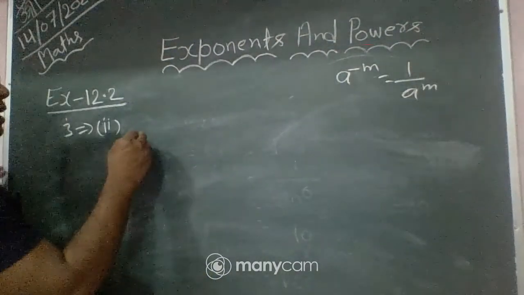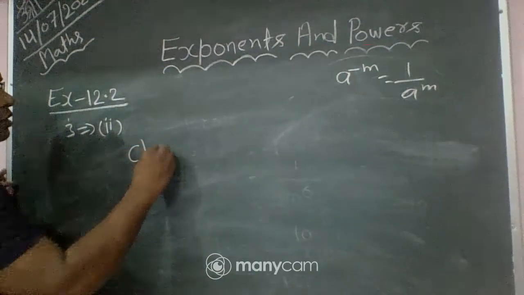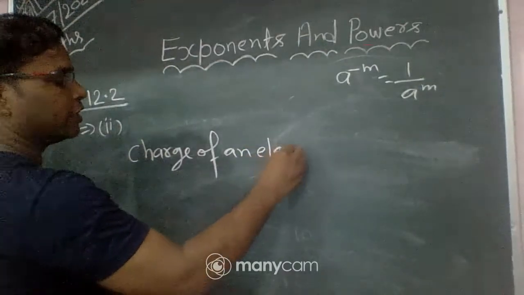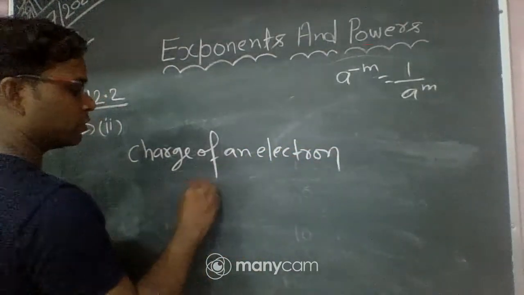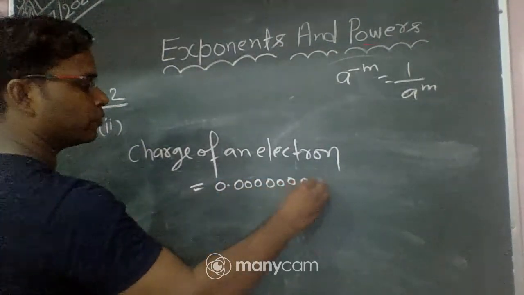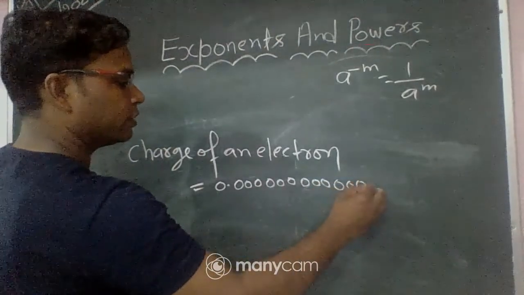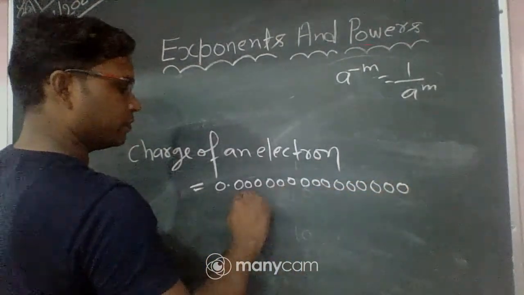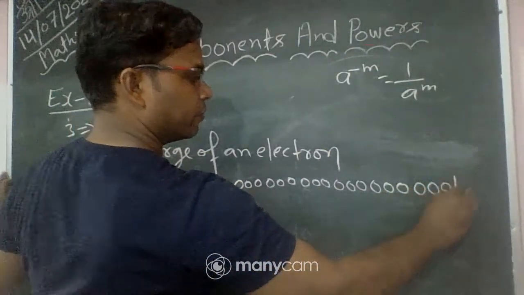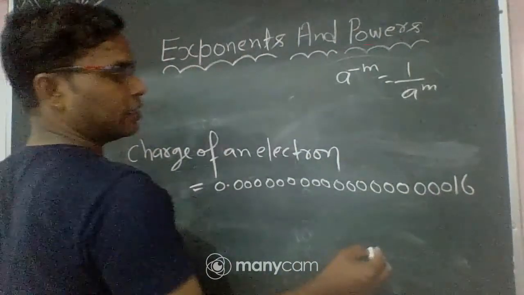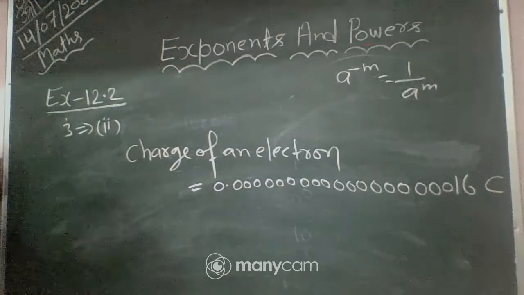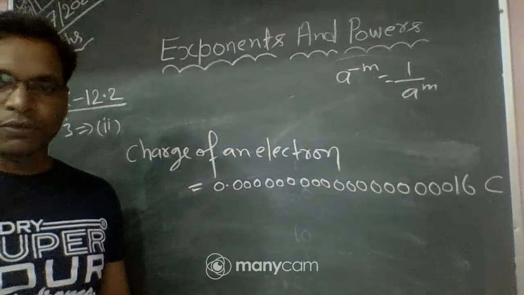Here, given the charge of an electron is equal to 0.123 123 123 123 123 123 5 and 3 1 6. This is given in coulomb.